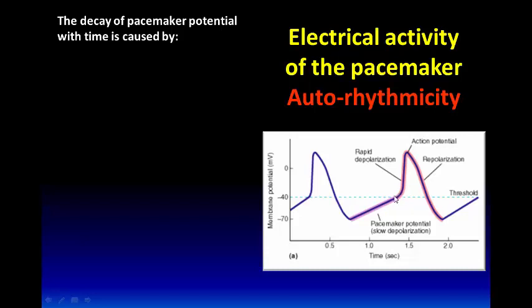And when it reaches threshold, an action potential is fired spontaneously. The type of this action potential is a slow action potential. This action potential is conducted through the conduction system and also from cell to cell through the gap junctions in the intercalated discs, and excites the myocytes to contract.